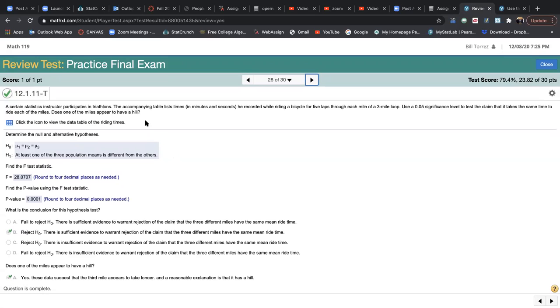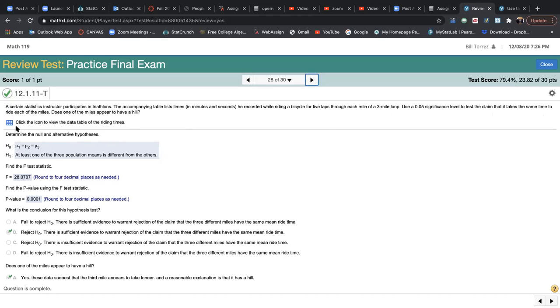The accompanying table lists times in minutes and seconds he recorded while riding a bicycle for 5 laps through each mile of a 3-mile loop. Use a 0.05 significance level to test the claim that it takes the same time to ride each of the miles. Does one of the miles appear to have a hill?